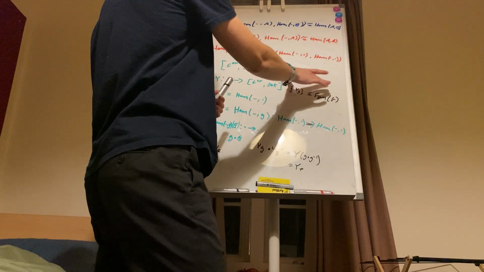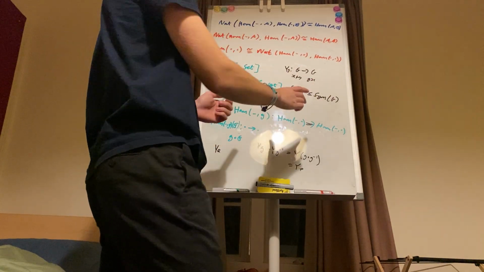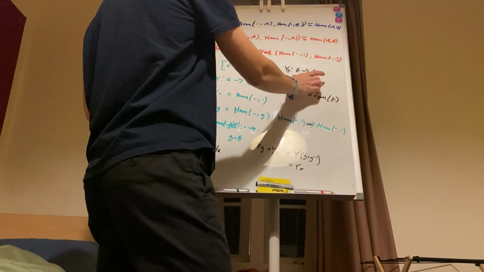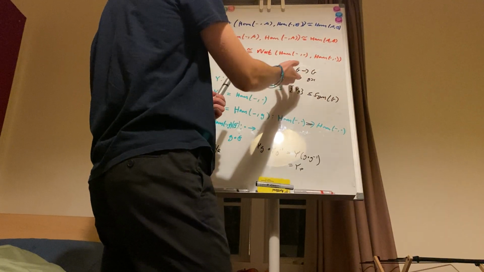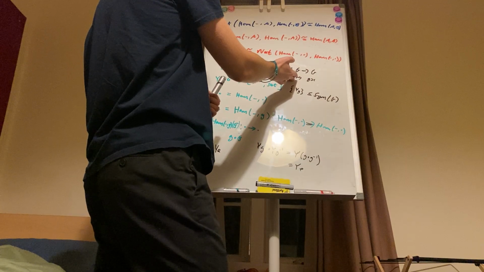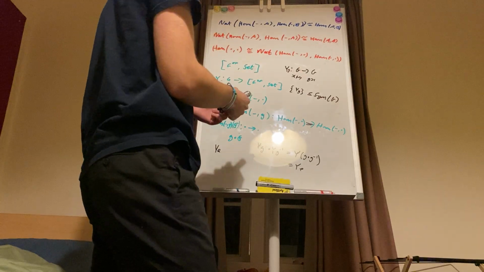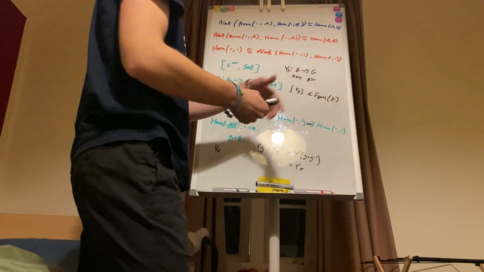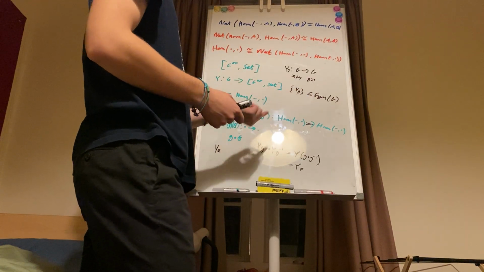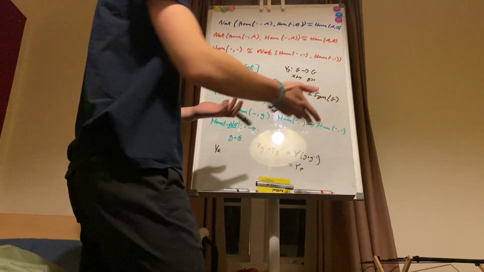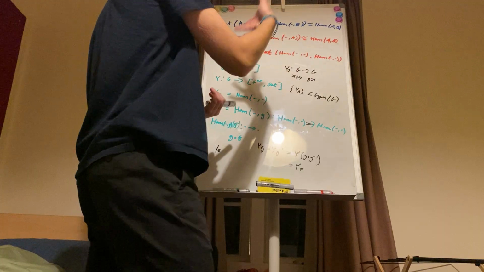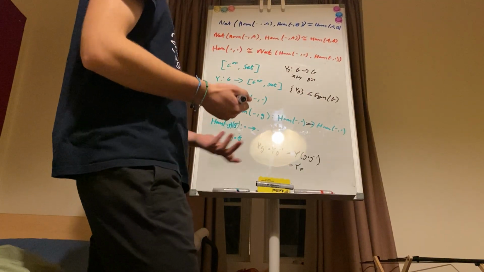We need to show that these maps are bijective. Well, we know that it's surjective because any element of G can be mapped to in this way: say we want to map to an element H, we just set X to be G inverse H, and we get there.